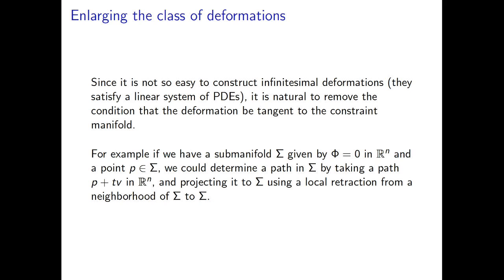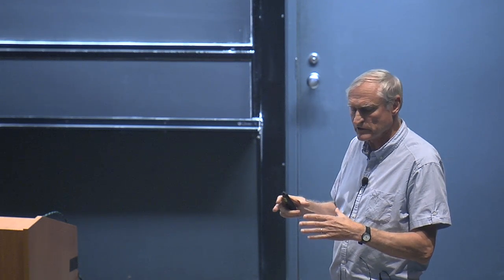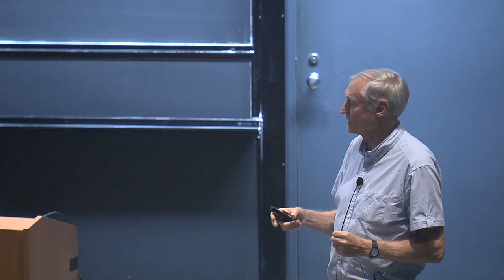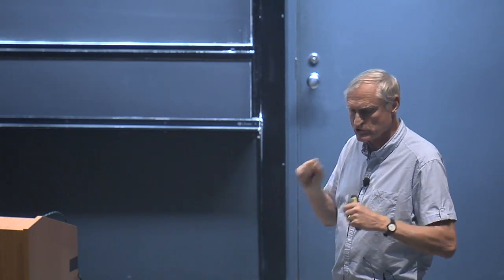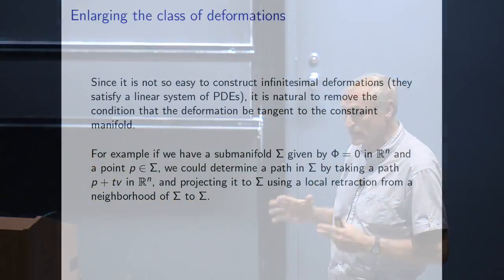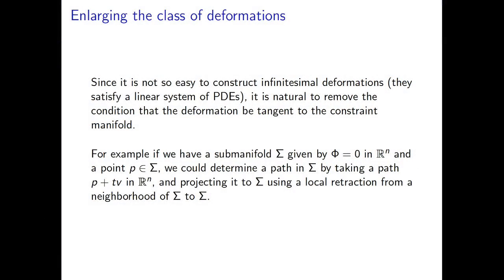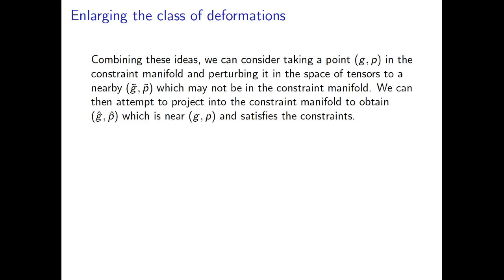You can say, suppose I take an infinitesimal deformation supported in some set omega, and suppose I do that and try to project in, then the question is, can I do it? And again, the answer is yes. It turns out there are rather robust methods to do that, even with fixed support, provided, again, that you don't have space-time symmetries in the open set.